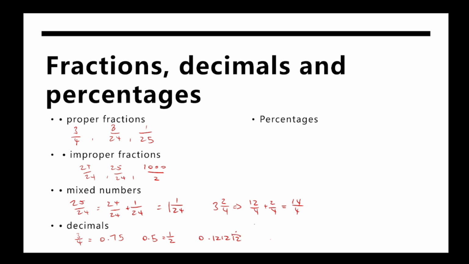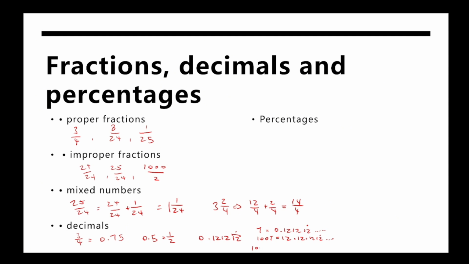recurring the 1, 2, how we'll turn it into a fraction is, let's say t equals 0.12121212, and 100t in this case would be 12.121212.